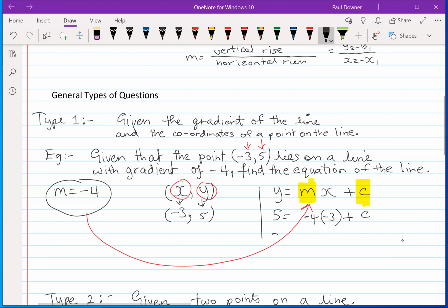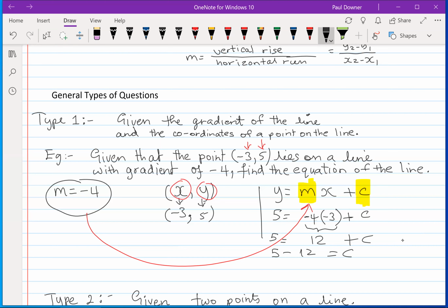So 5 is equal to -4 times -3, which is 12, plus c. The only thing we have to do now is solve for c. So 5 take away 12 must be equal to c. We minus 12 on both sides, or some people say bring the 12 to the other side and change the sign.